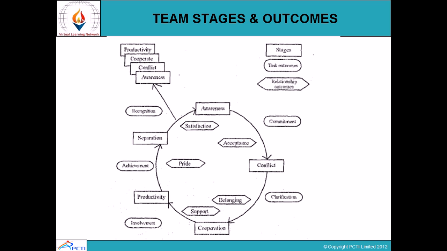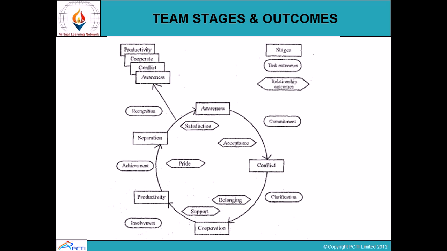Team stages and outcome is like that. If the people are more aware, then conflict may rise or it may decrease also. Ultimately, it can give rise to a cooperative environment, which will enhance the productivity of the organization. But awareness can be brought about by satisfaction, acceptance, pride, belongingness, and support.